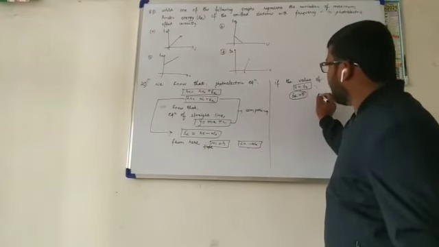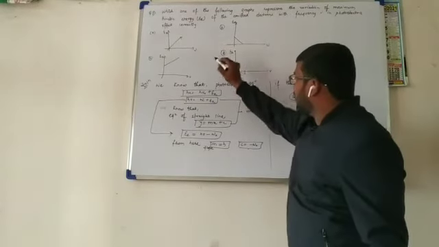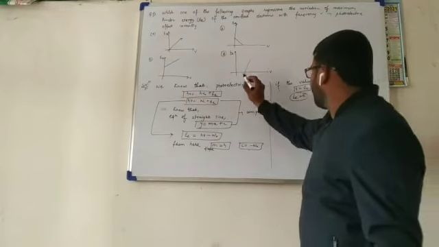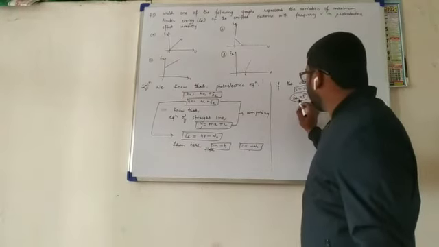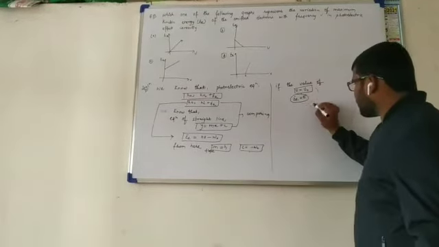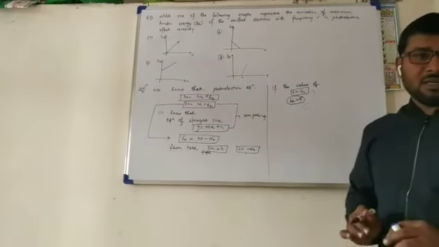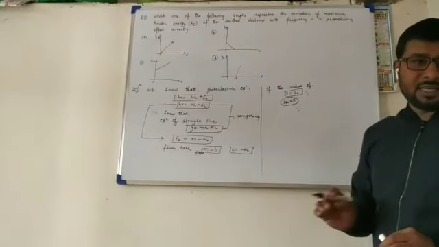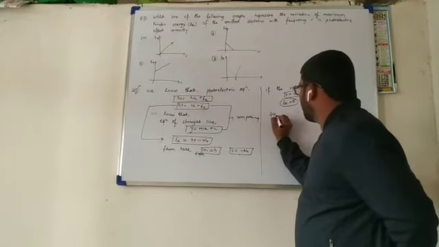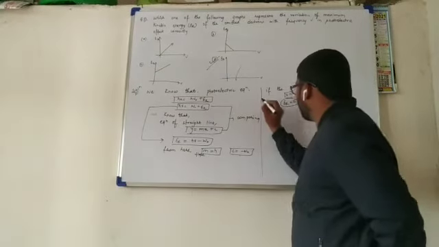So if we compare all four graphs, in option D this condition exists. If nu equals nu naught, then kinetic energy is zero. Because if the energy of the incident photon is less than the work function, then the electron will never eject from the metal surface. So option D is correct.